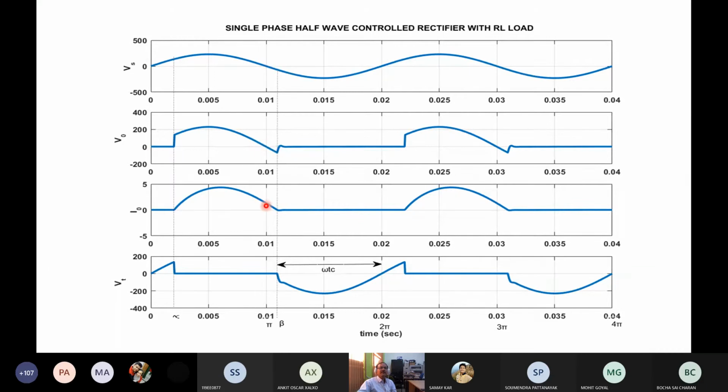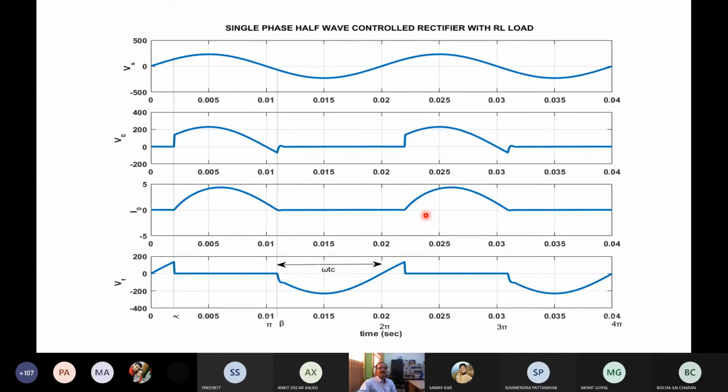Sorry, this current is not 0. Right. So the thyristor is still conducting. Okay. So it falls here to 0. During that period, the negative voltage will appear across the load. Okay.